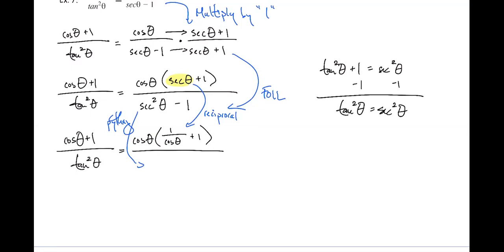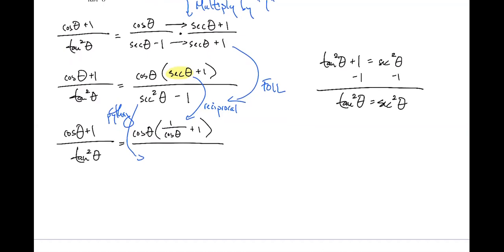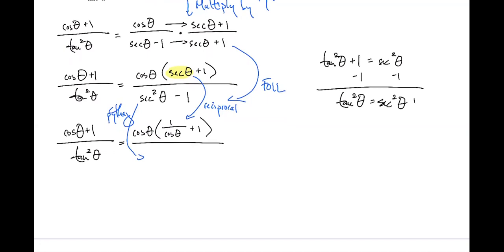This is the conjugates piece, right? Conjugates are super useful in so many ways. It could be with things like this, it could be with complex numbers, but they are definitely useful. So instead of writing secant squared theta minus 1, I'm going to replace it with tangent squared theta, which is nice because we are trying to make the denominator into tangent squared. So we've already got that piece.